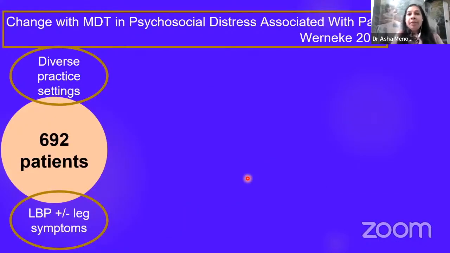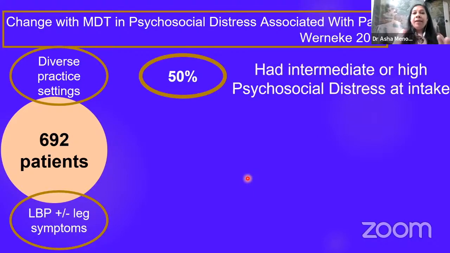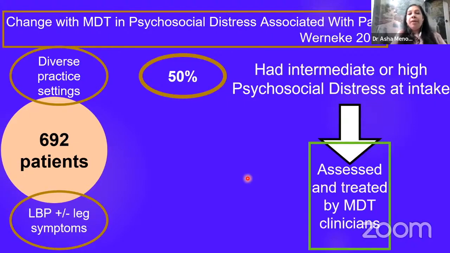Let's look at another study by Werneke 2011. This was 602 patients, in diverse practice settings, and the patients had low back pain plus or minus leg symptoms. 50% of them had intermediate or high psychosocial distress at intake. And these patients were assessed and treated by MDT clinicians. So once again, this is a very high risk patient.